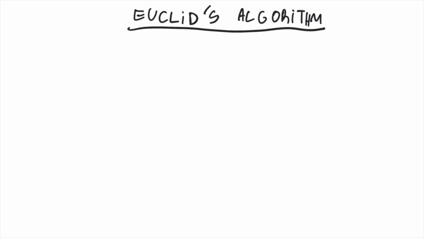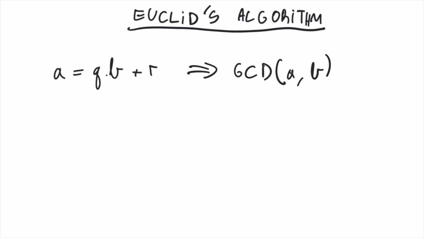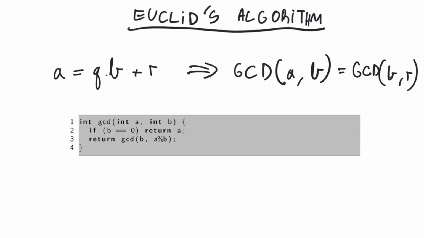This algorithm is based on the fact that if A is equal to some Q times B plus R, that is, A can be expressed as some multiple of B plus a remainder, then the greatest common divisor of A and B is the same as the greatest common divisor of B and R. This leads us to the following algorithm to compute the greatest common divisor of A and B. Now remember, A mod B is exactly R here.